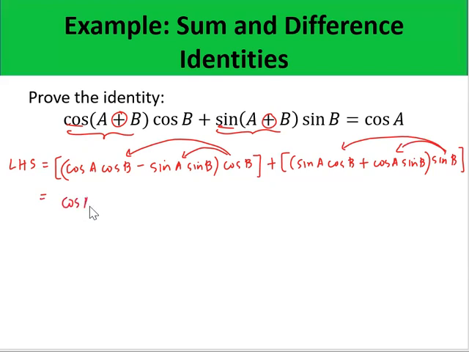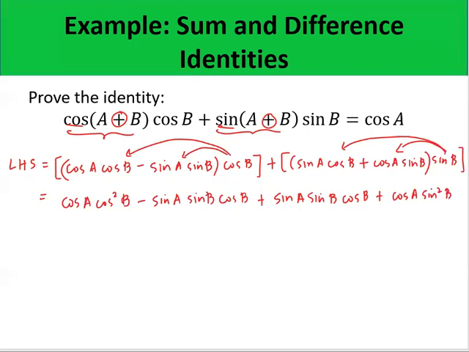We have cosine of A times cosine square B minus sine A times sine B times cosine of B. And then distributing sine B to sine A cosine B, we get plus sine A times sine of B times cosine of B plus cosine of A times sine square B. And then we can cancel out the negative sine A times sine B times cosine B with this positive sine A sine B times cosine B. And now we're left with cosine of A times cosine square B plus cosine of A times sine square B.